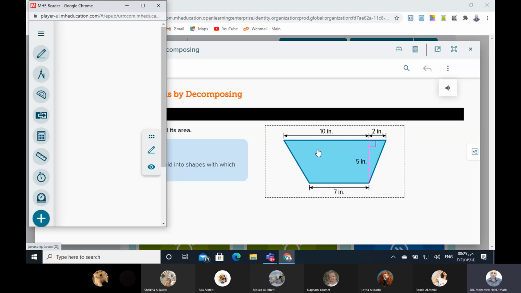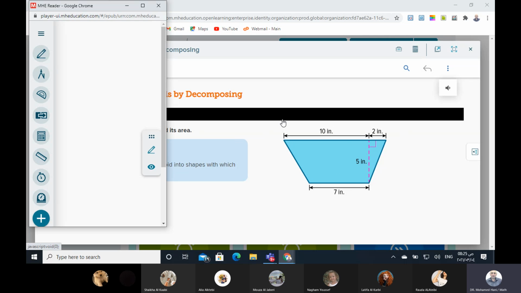And here the red line is a straight line perpendicular to the big base. The name of this line is height. So now, what information do I have from the figure here?